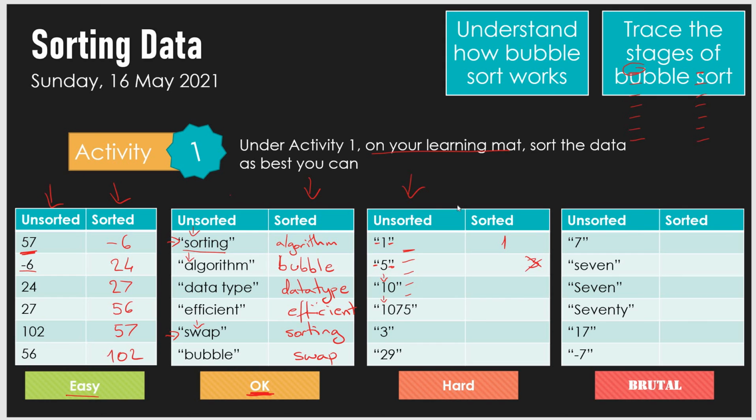So the second item in our array will actually be 10. And then after that we would have 1075. But remember, this isn't a number value, this is text. So after this you would have the number 29. Then after this you would have 3. And then after this you would have the decimal character 5.